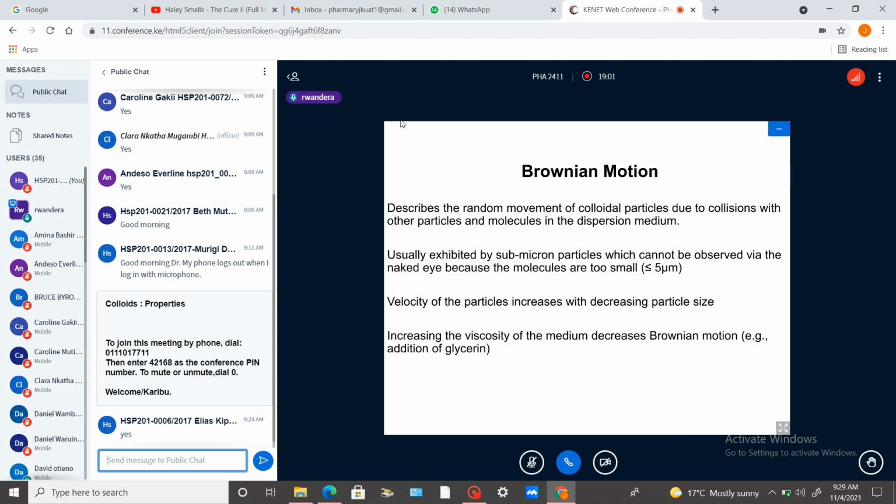So under thermally induced motions, we have Brownian motions, and this normally describes the random movement of your colloidal particles, given the small size, the 1 nanometer to 0.5 micrometer size range. Your colloidal particles tend to move randomly in the dispersion medium.